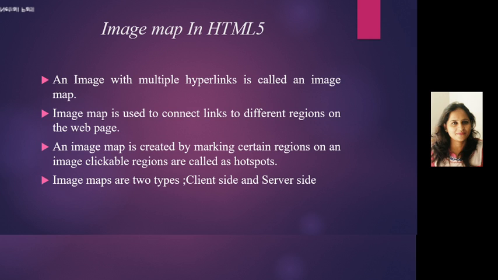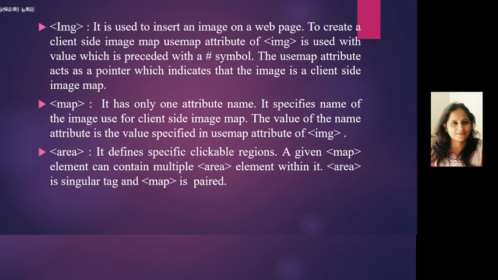There are two different types of image maps. First one is client side and second one is server side. We will see only the client side image map. There are different tags used in client side image map. First one is the img tag.